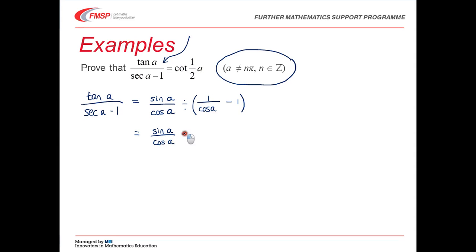So we'll start with a bracket and put that over a common denominator. So we'll have a common denominator of cos A, and then that's 1 minus cos A. Then we're dividing by a fraction, so we turn it upside down and multiply.